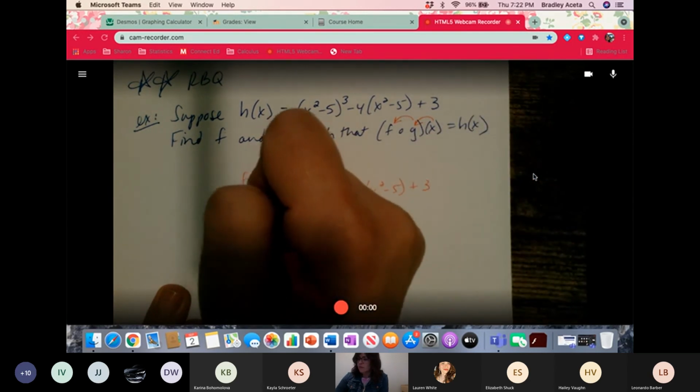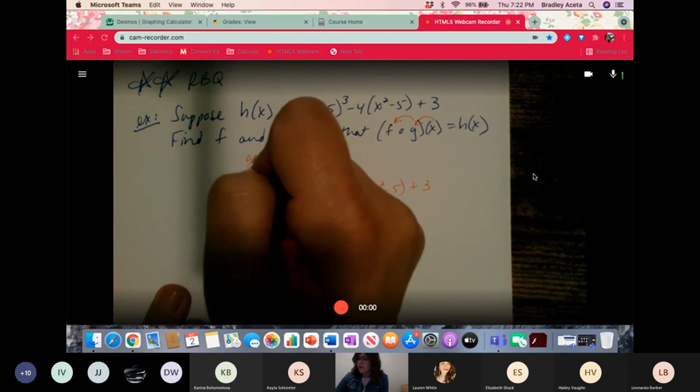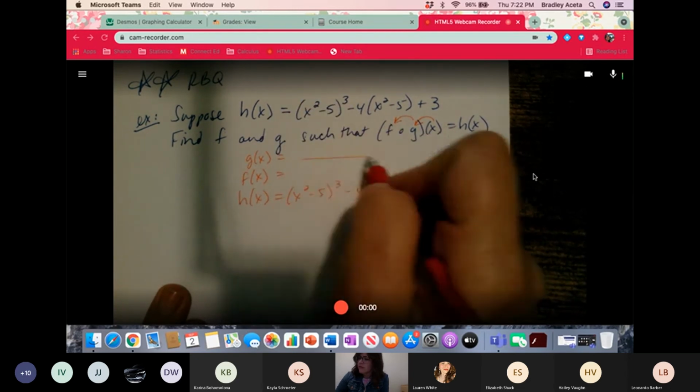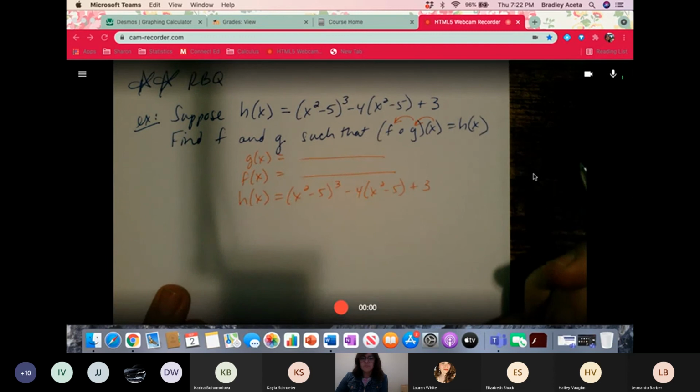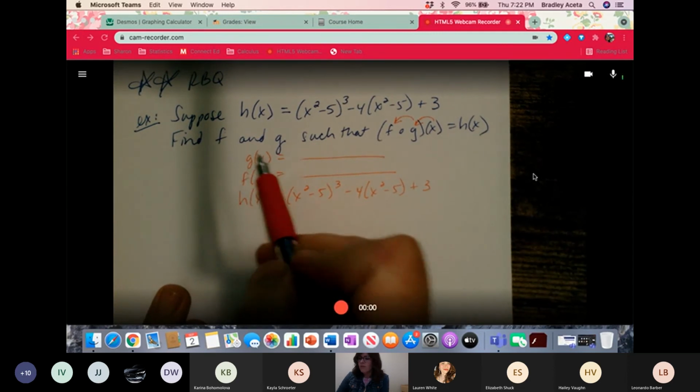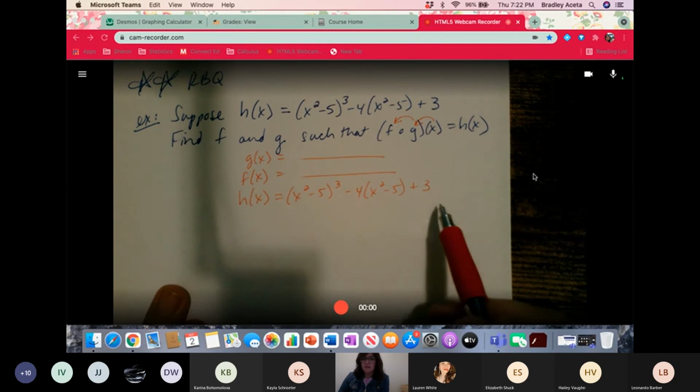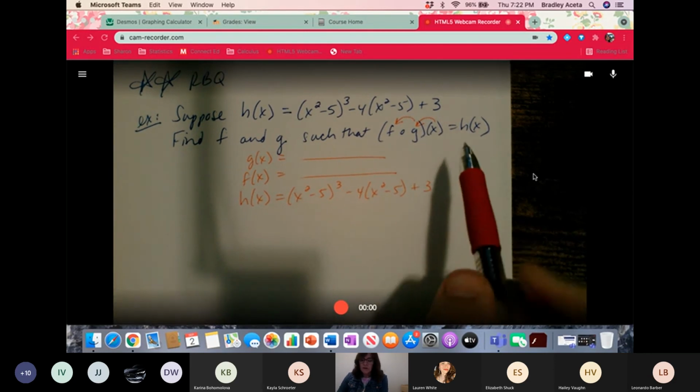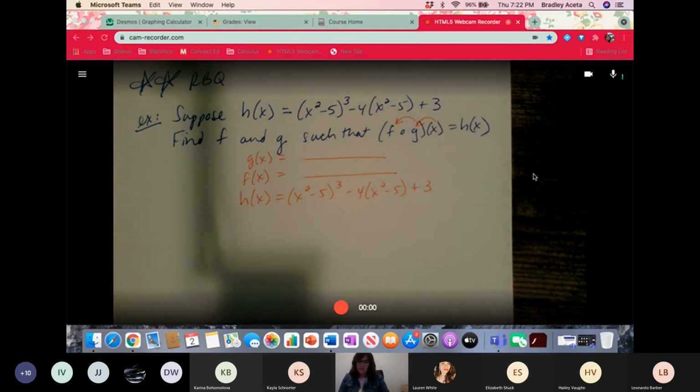So they want you to find these two pieces of information. I want to know, what function did you plug into f to get you this? Well, here's how I look at it. First of all, I notice things that are repeating.